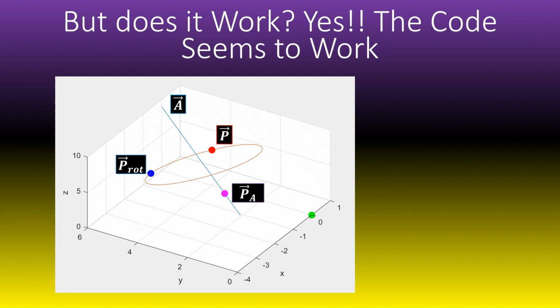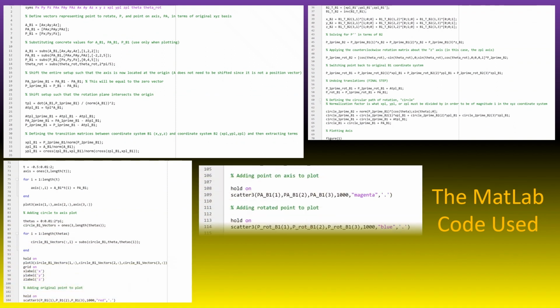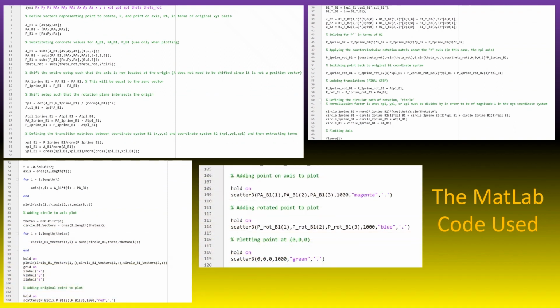Then we also have the light green point right there, which is the reference point at 0, 0, 0. Alright, so here's the MATLAB code that I used to write this program. And this program actually gave me the formula for rotation around the axis in 3 dimensions, given the axis as a vector, a point on the axis, and a point that you want to rotate around the axis, as the inputs.